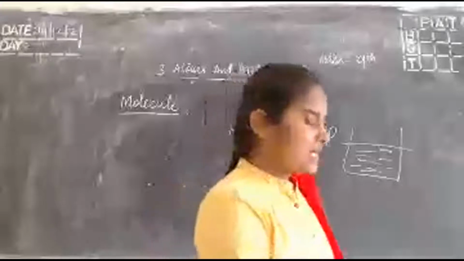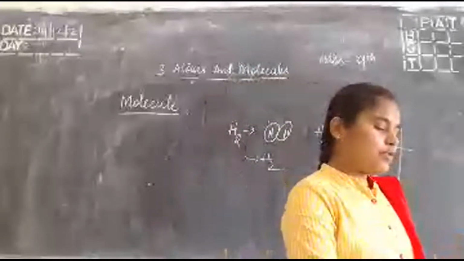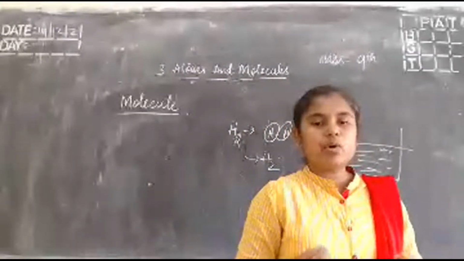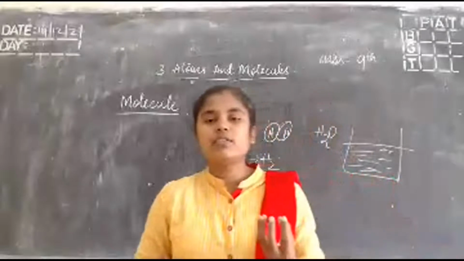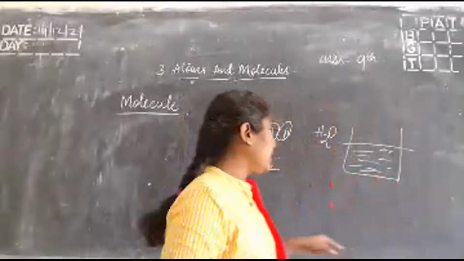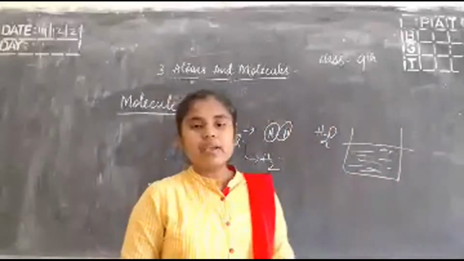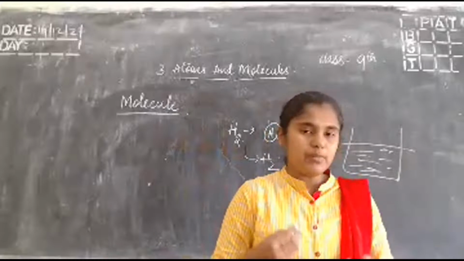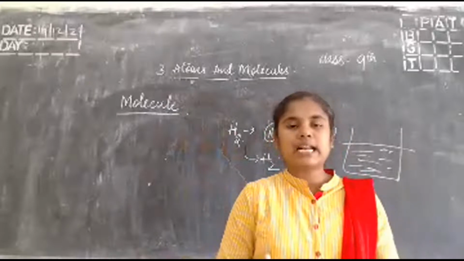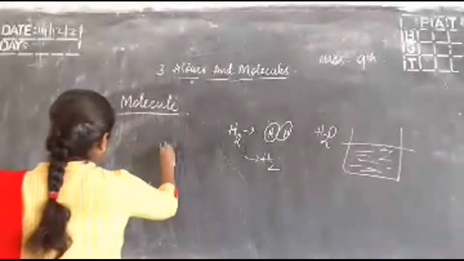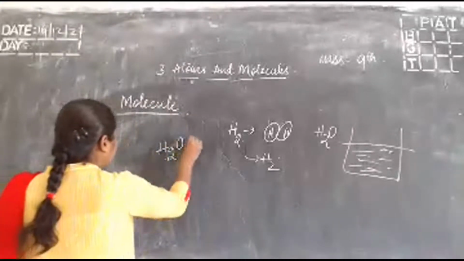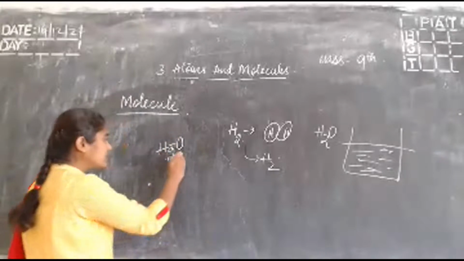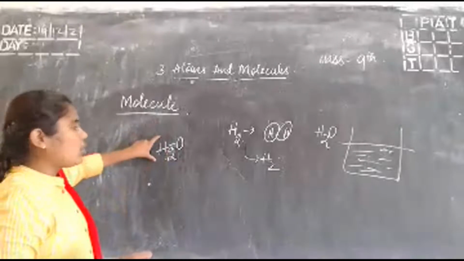Next, you can see that a molecule is a group of 2 or more atoms that are chemically bonded together, tightly bonded with some attractive forces. For example, if you take H2O, there is some attractive force between the hydrogen and oxygen, such that the molecule water is formed.